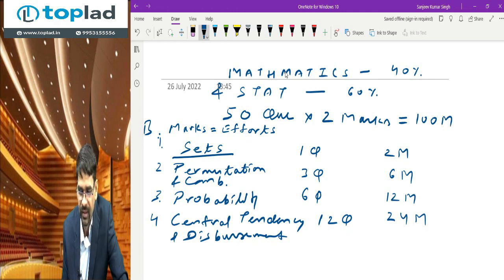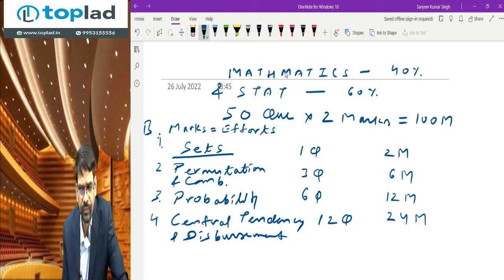Friends, in my class, a chapter that is very tough in the eyes of the students becomes a very easy chapter, because we focus more on the toughest part of the chapter and do more and more practice.